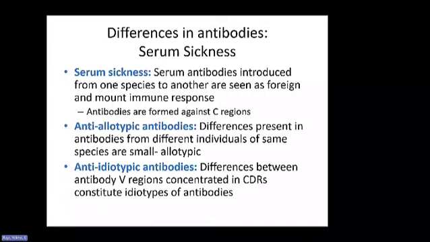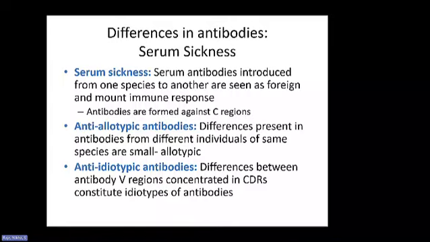If serum antibodies are introduced from one species to another, they are seen as foreign, and so there is an immune response against those foreign antibodies. So the antibodies that are formed are typically against the C region of the antibodies.